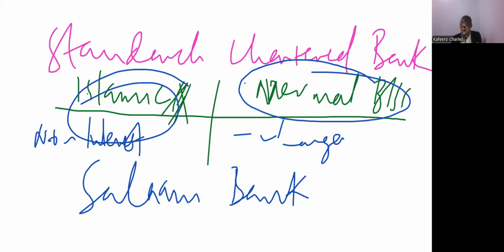So if you charge interest, the regulators, we shall look at the regulators, will make sure that you don't charge interest. If you charge interest, that money you have charged in interest will be removed, or you will be forced to donate that money to charitable organizations and other kinds of people, depending on how.